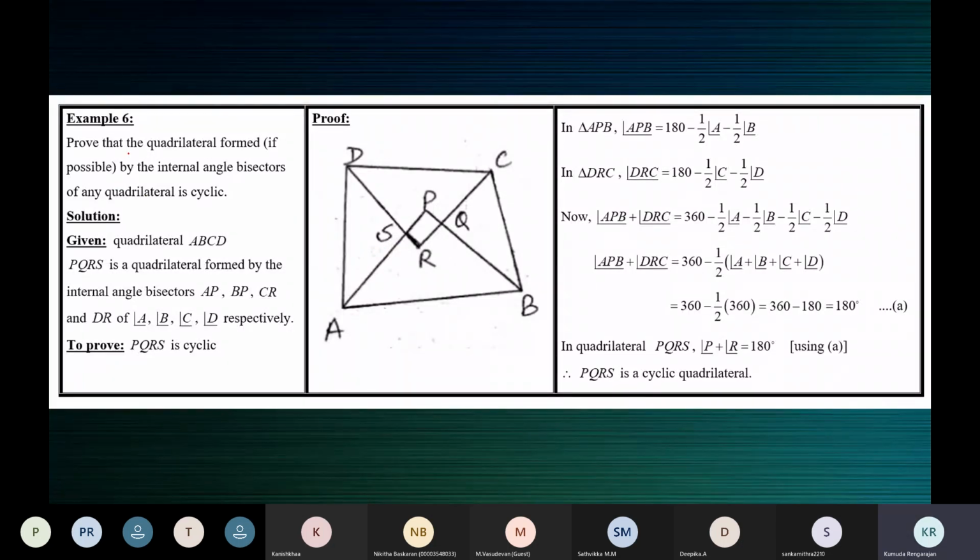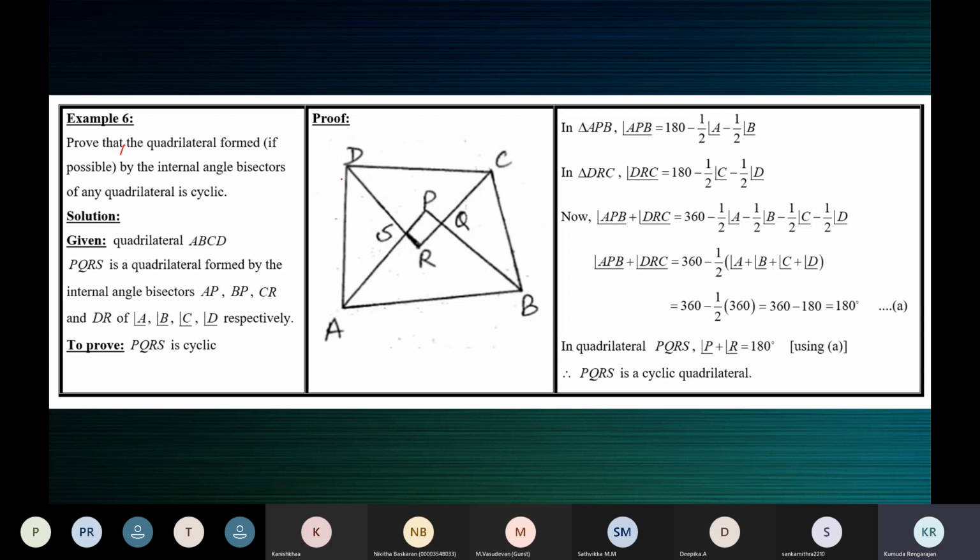So prove that the quadrilateral formed, if possible, by the internal angle bisectors of any quadrilateral is cyclic.